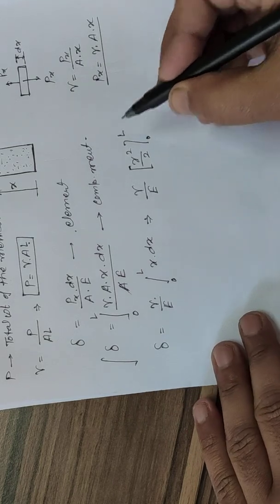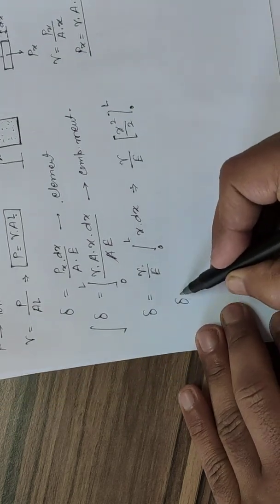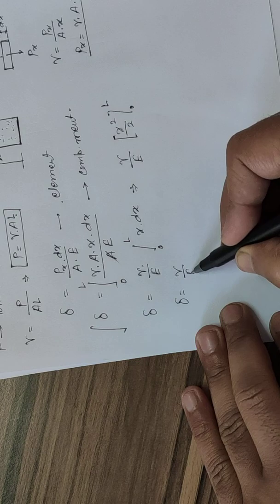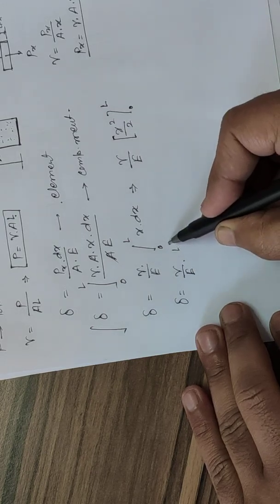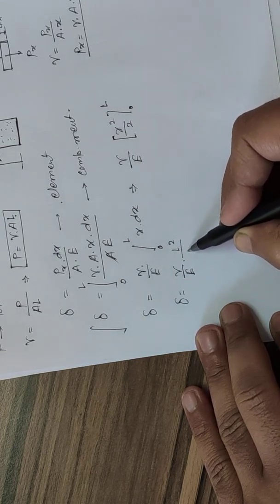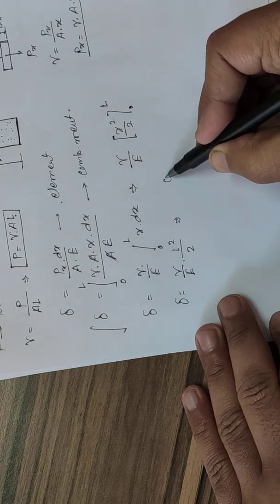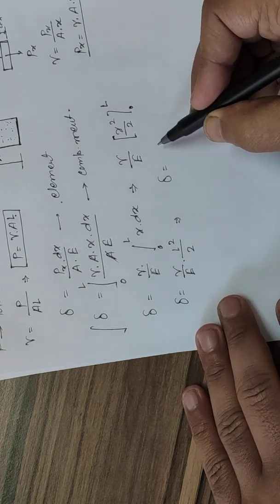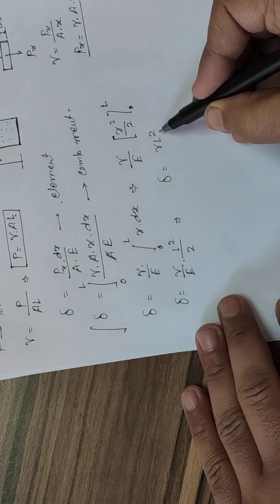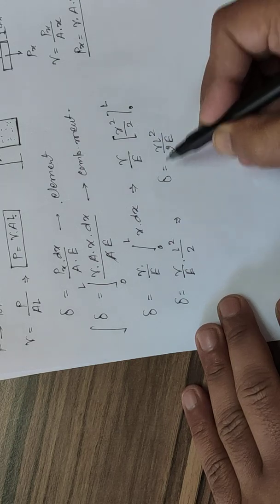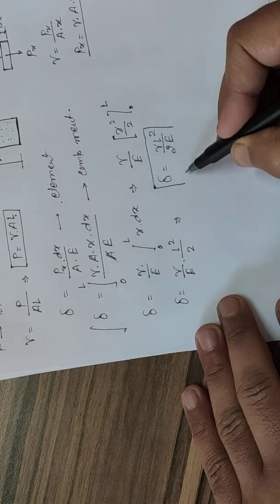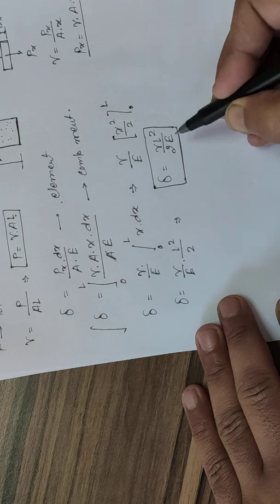So 0 to L. Now from here del is coming out to be gamma by E L square by 2. So del will be equal to gamma L square divided by 2E.